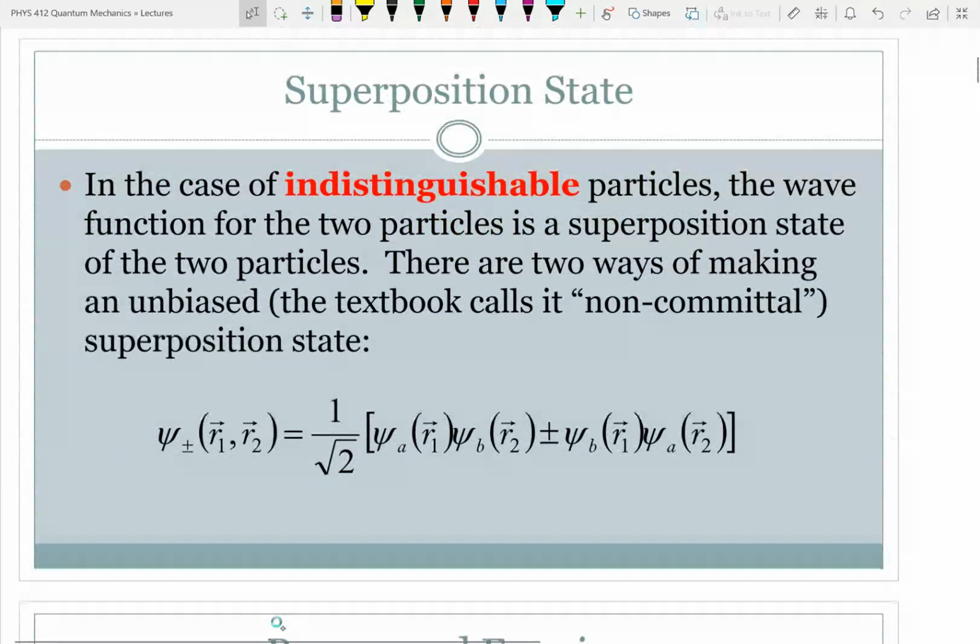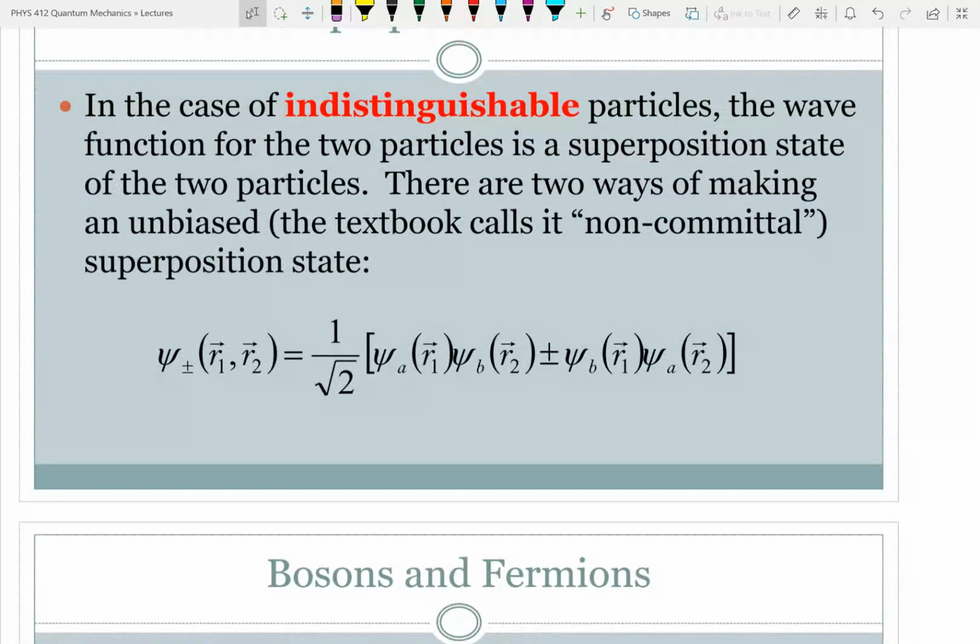So this we've already seen. For indistinguishable particles, you have to have a superposition state, which brings in this plus or minus. You're adding one combination, that is state A for particle 1 and state B for particle 2, and then the mirror of that, state B for particle 1, state A for particle 2, because you can't tell the difference between particle 1 and particle 2.